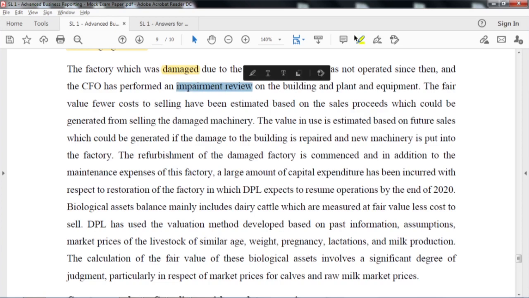Impairment review done. The fair value less costs to sell have been estimated based on the sale proceeds which could be generated from selling the damaged machinery.